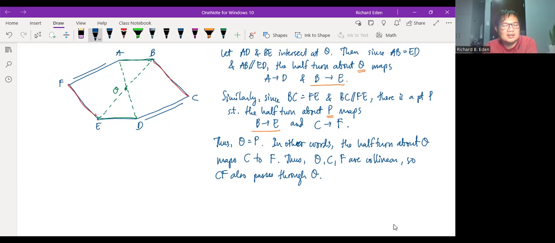Tingnan natin kung paano nung matching. I recommend check mo, but I really need to go now.